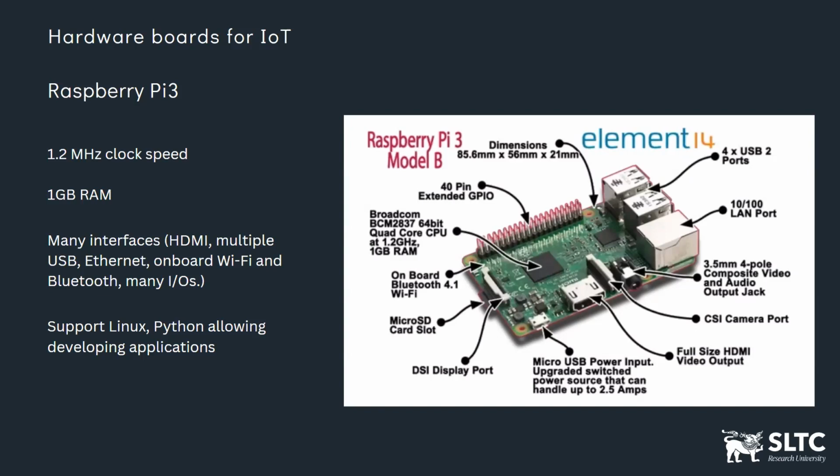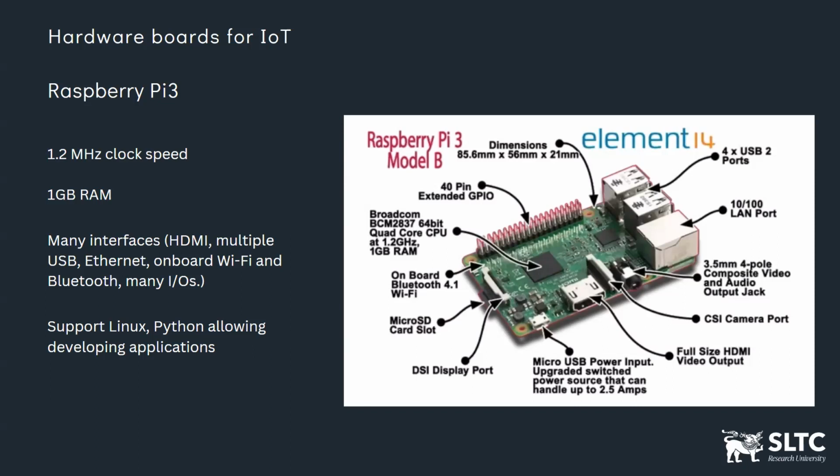We can do processing of data, and we have multiple types of input-output ports. We have HDMI connections, USB connection, Ethernet connection. Also, we have Wi-Fi modules on board and Bluetooth. Therefore, it can support many services, and also it supports Linux and Python, which allows it to develop multiple applications.